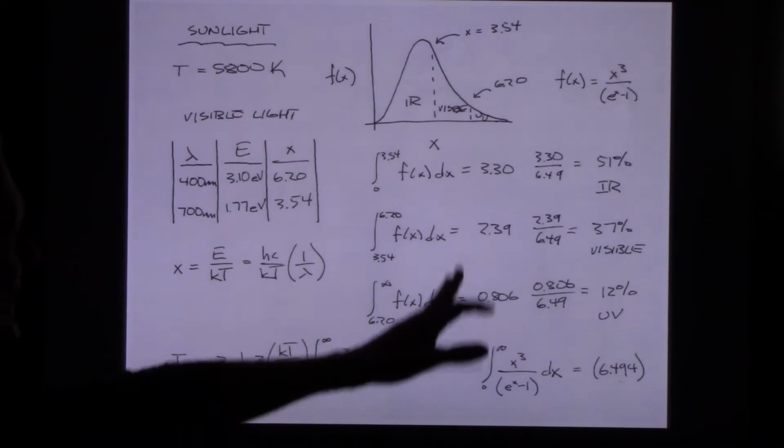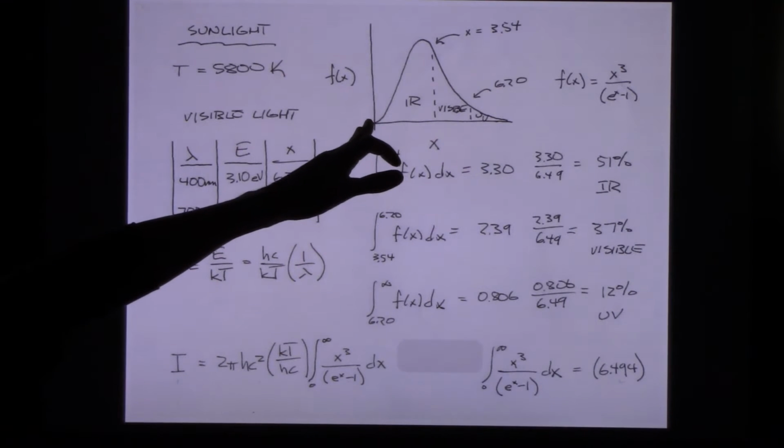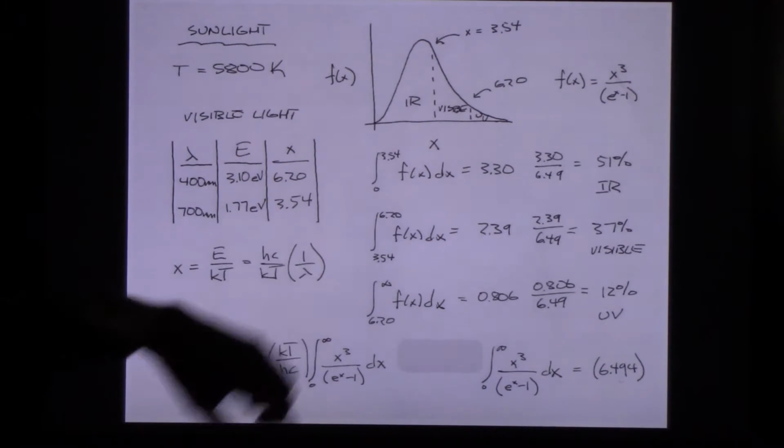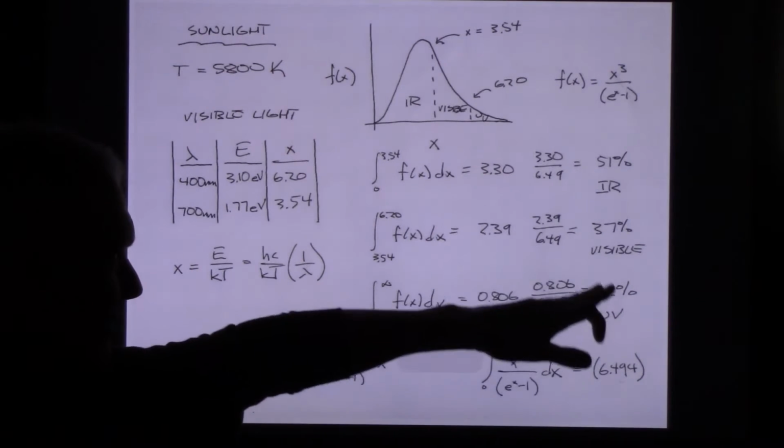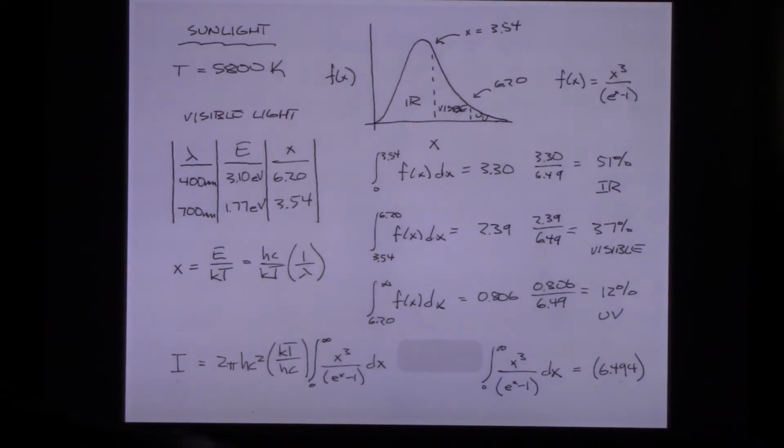Now there are going to be little bits of X-ray and bits of microwave and such, but the infrared and ultraviolet regions are so broad that to a very good approximation, this upper region is going to be ultraviolet. The X-ray part is going to be really, really tiny.